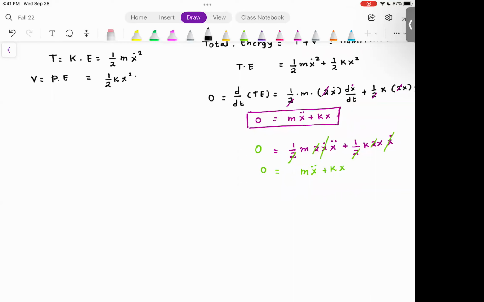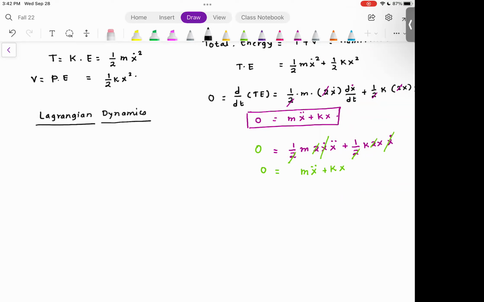How many of you are familiar with Lagrangian dynamics? Okay, so if you are not, please understand this is a very powerful technique. Lagrangian dynamics. The idea is the same.